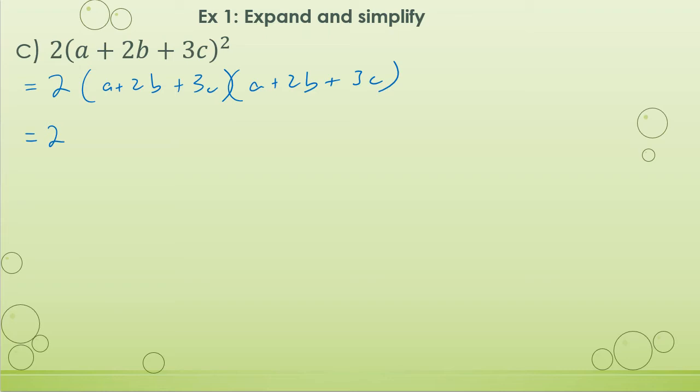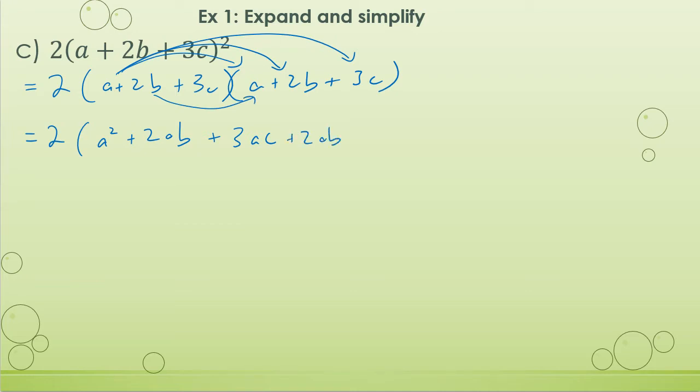Okay, here we go. So a times a, a squared. A times 2b, 2ab. A times 3c, 3ac. 2b times a, 2ab. 2b times 2b, 4b squared. 2b times 3c, 6bc.